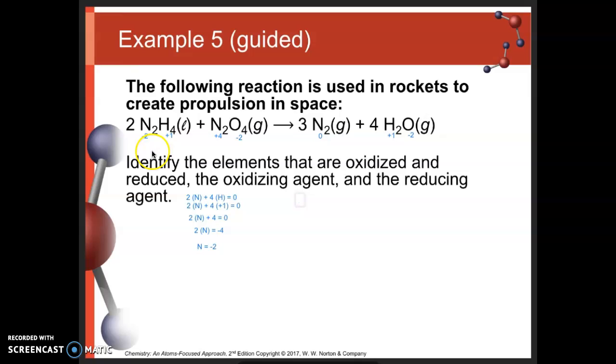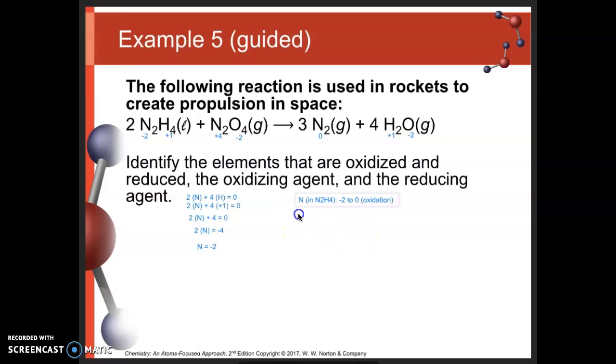And so what we can look at and see is that this nitrogen here in the hydrazine went from a negative 2 state to a 0 state. So we went from negative 2 to 0 in that one. That would be an oxidation.